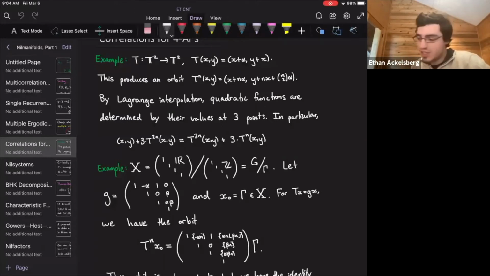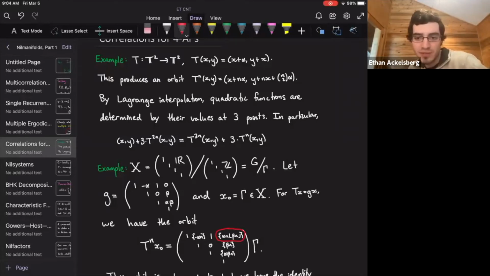If you just take the nth power of g, it's not going to look like this, but because we have modded out by gamma, you can do a bunch of manipulations and bring all of those 4 coordinates back into the 0, 1 interval. And when you do that, we get some interesting behavior in this coordinate.